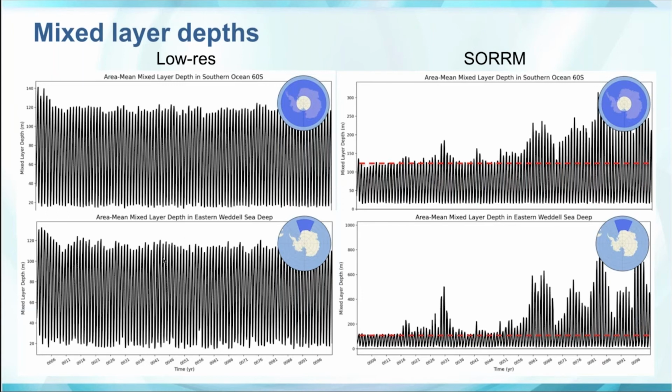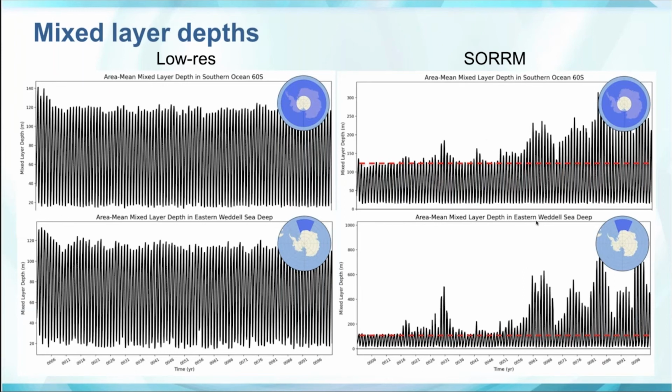in the Weddell Sea. And so the red dashed lines that I'm putting for reference on the right side here are really the maximum of what we're seeing in the low resolution simulation. So everything that's above the red lines in the SORM simulation is an indication of how much stronger the vertical mixing is in this simulation.